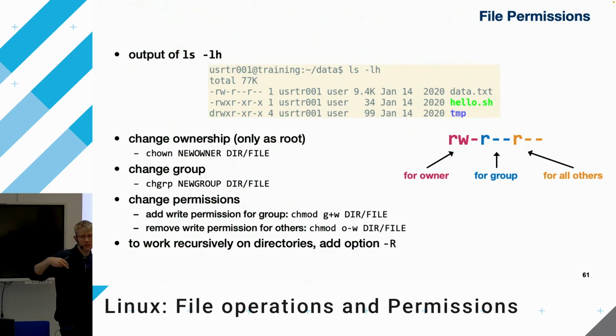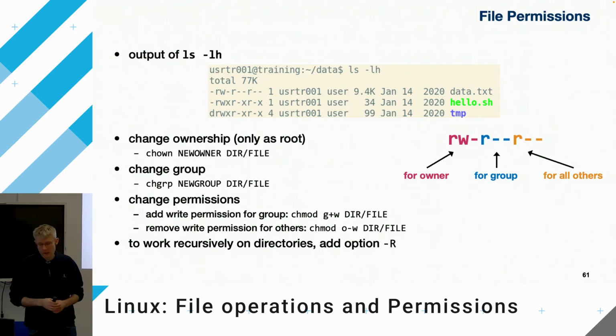But let's say you have a project on the cluster and you have your colleagues and you have the project folder where all of your configuration files for your applications and the input files are stored.